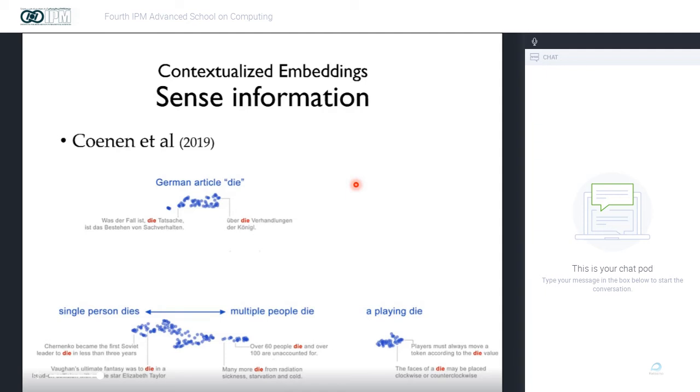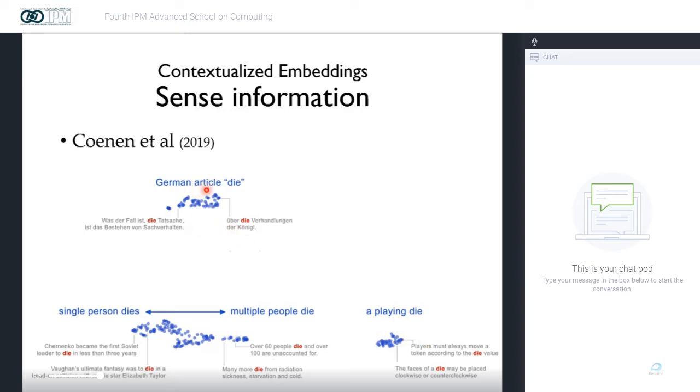And to give you an idea about the semantic abilities of contextualized embeddings in terms of distinguishing different meanings of a word or capturing sense information, here is an illustration by Cohen et al. from last year, showing that for the target word die, without providing any explicit information or without asking the model to learn distinct representations for different meanings of this word in different languages or in the same language, the BERT model is doing a very good job at putting representations at distinct places in the semantic space.